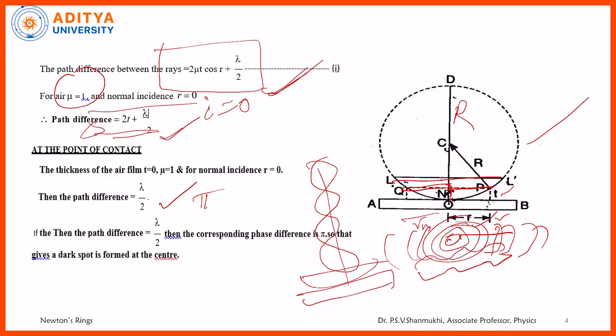That is also Rn. What is ON? It is given by T, the thickness of the air film. Here I am taking one assumption. T is the thickness of the air film, where the radius of the nth dark ring is given by Rn. Automatically, QN into NP is equal to ON into ND.